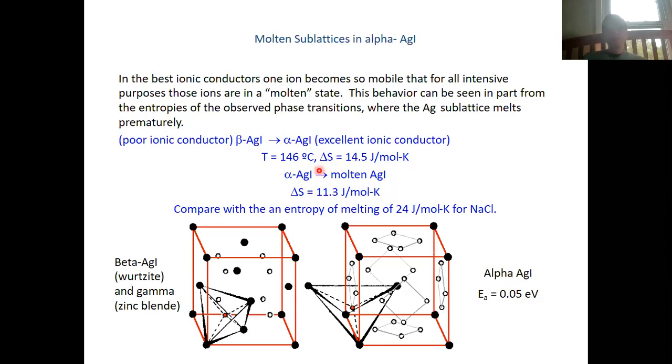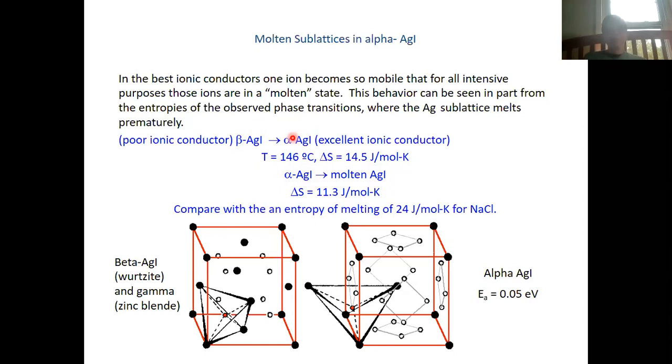So this means that this transition here actually has a greater entropy increase than the full melting of this silver iodide. Okay, and that supports the idea that upon this transition here, we are really melting this silver sublattice.